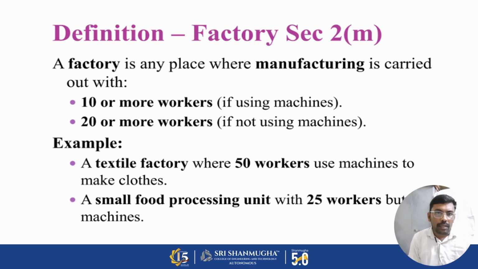The best example is a textile factory where 50 workers use machines to make clothes, and also a small food processing unit with 25 workers with machines. This is the best example for Section 2(m).